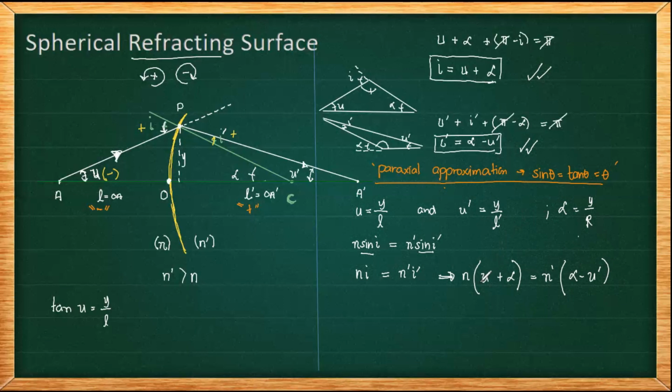Next is we substitute these equations we have above. Equation 1, equation 2, we have already used. Let's say this is equation 3, equation 4, and equation 5. So we substitute equations 3, 4, and 5 into this one. What we're getting is n times y over L plus y over R is equal to n prime times y over R minus y over L prime.